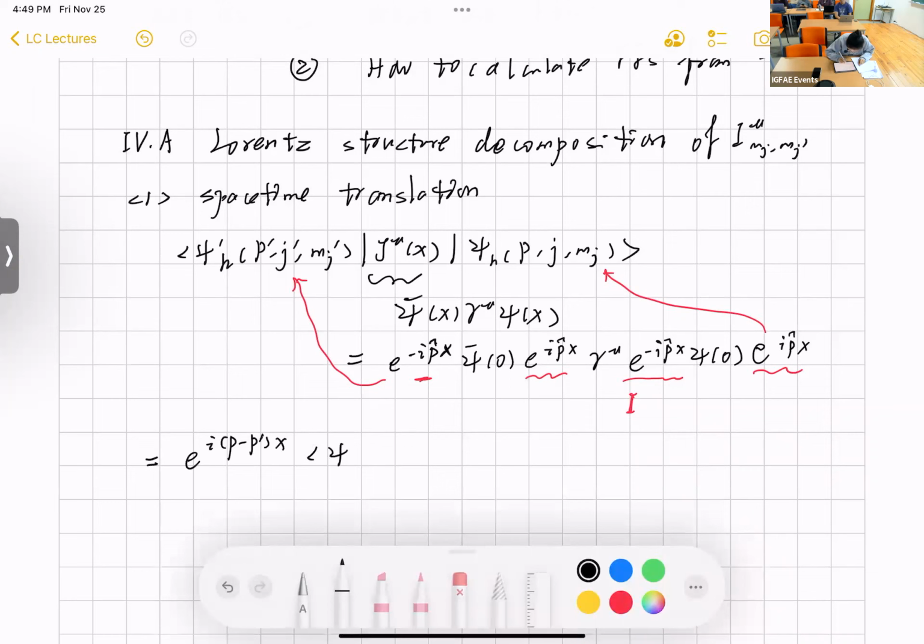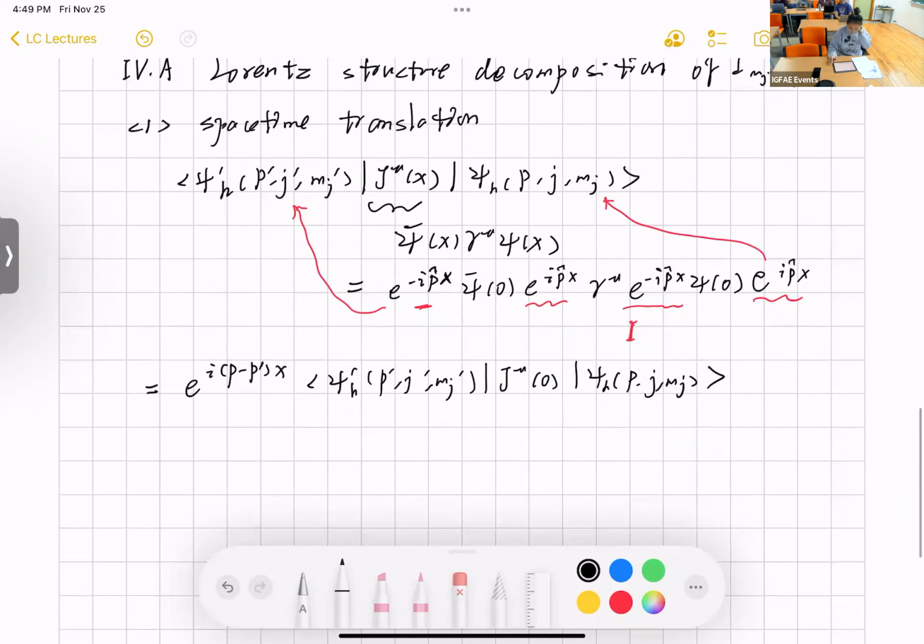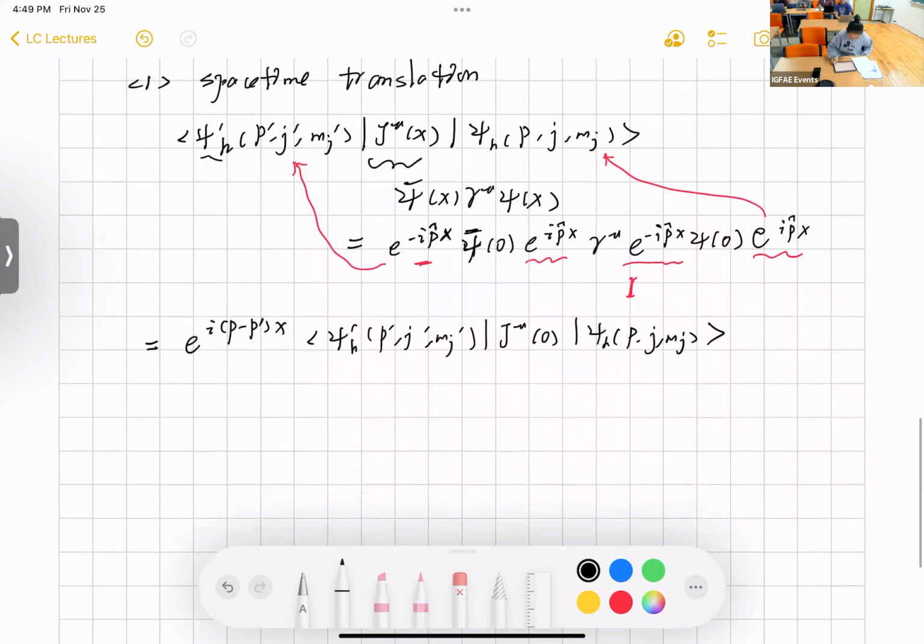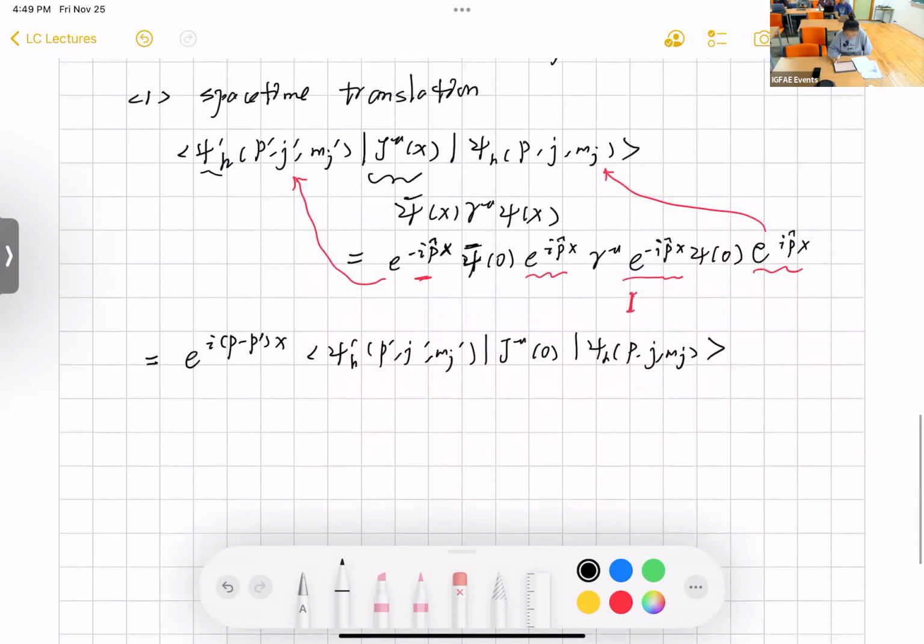And what we are left with is just J^μ(0). Sorry, this ψ is the fermion field operator, and this ψ_h stands for the meson state. It's not the same ψ. Okay, so this is the phase factor.